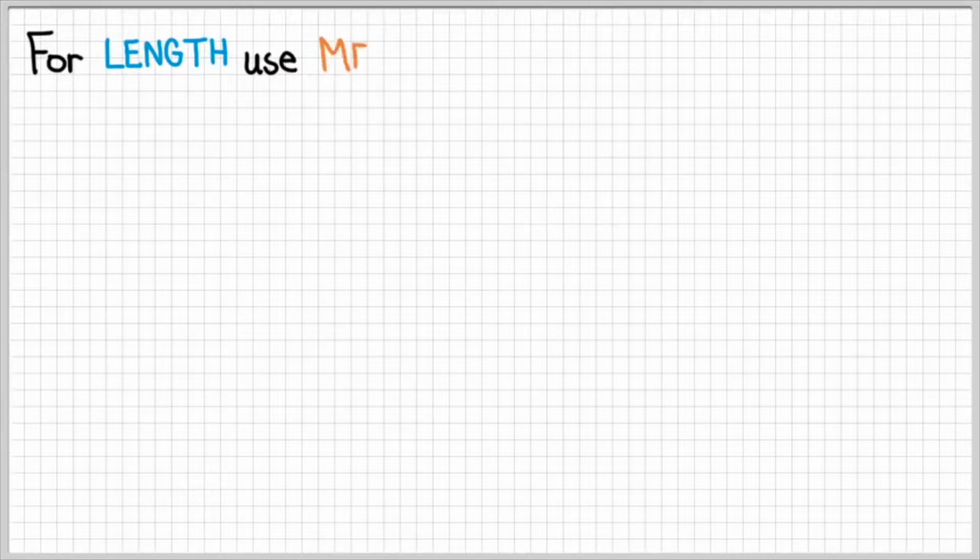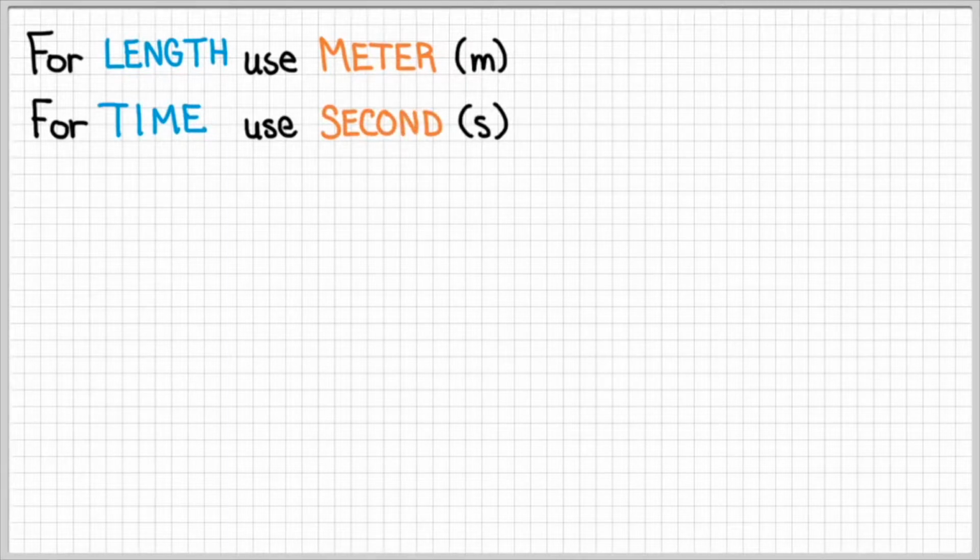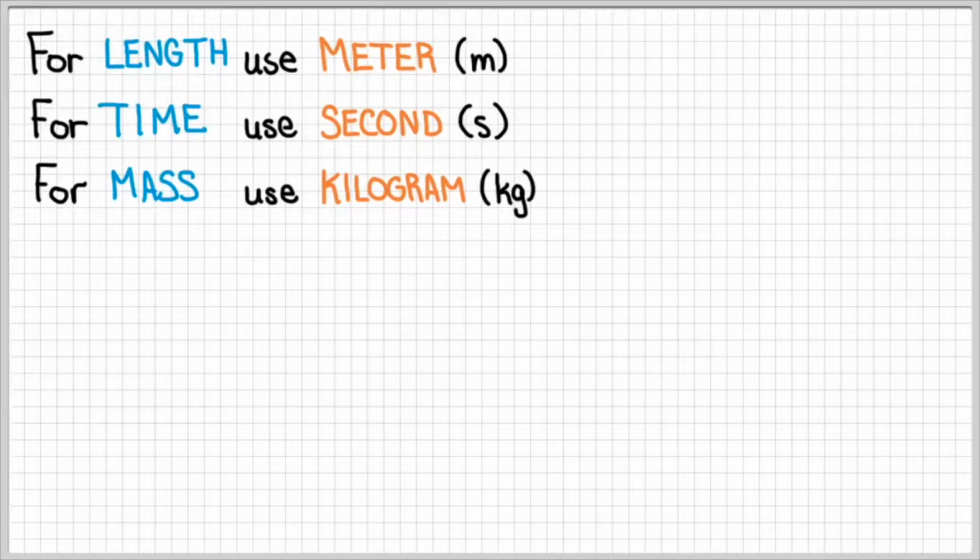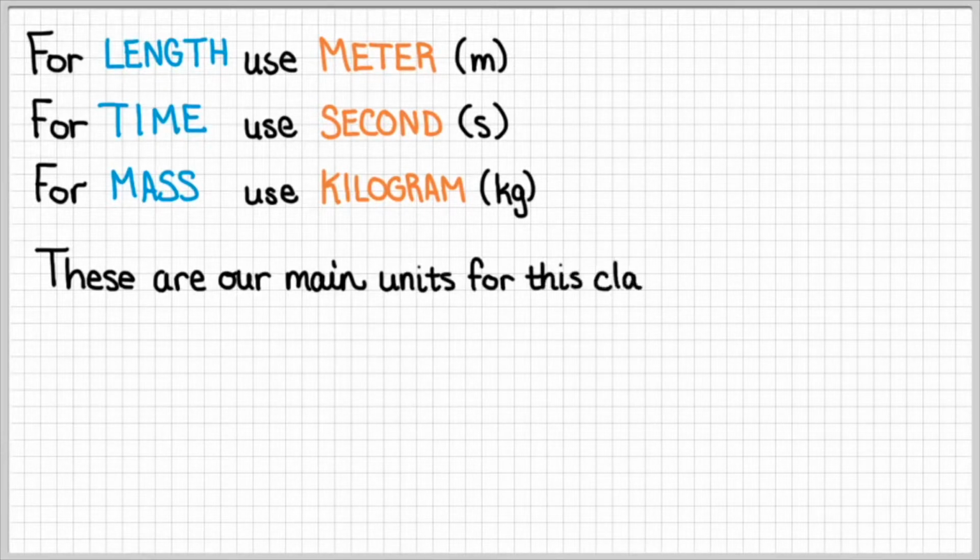For length, we use the meter, abbreviated with a lowercase m. For time, we use the second with a lowercase s. And for mass, we use the kilogram or kg. These are the main units that we'll focus on in this course, and they are known as base units.